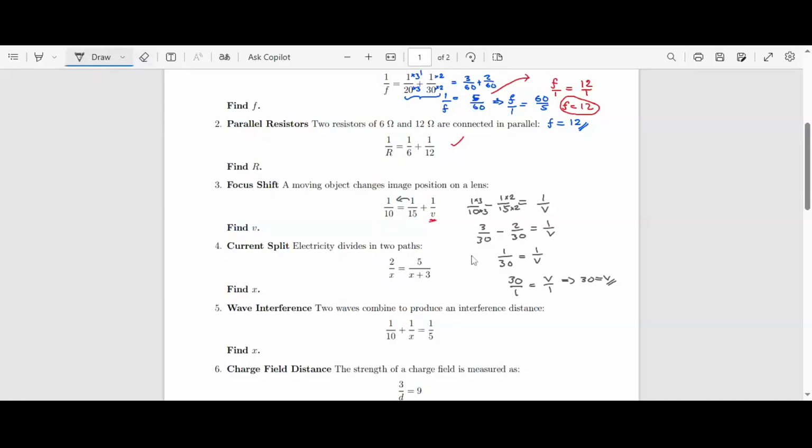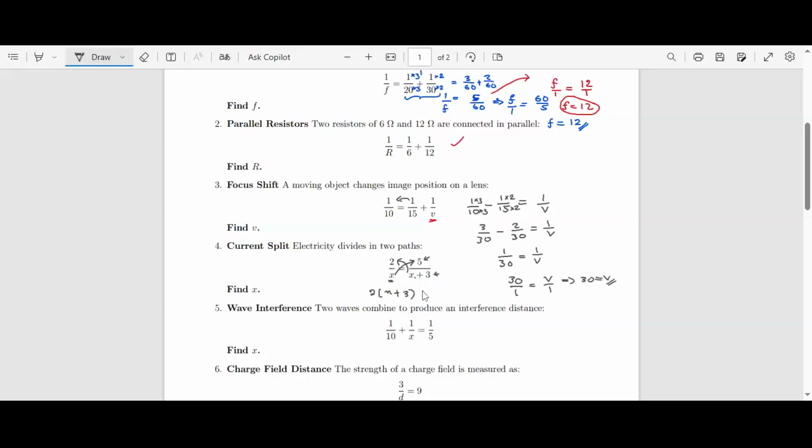What you do is you take this x and multiply it with 5 here. That means you take the denominator of this side and multiply it with the numerator of the other side, and you take the denominator of the other side and multiply it with the numerator on this side. So x plus 3 comes to this side: 2 times (x plus 3).